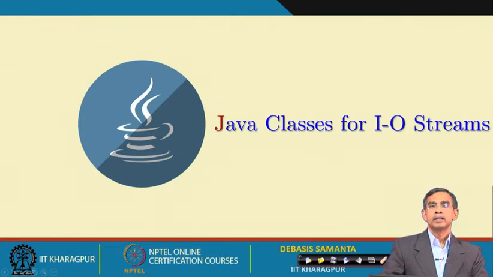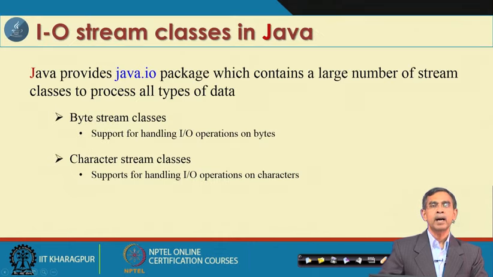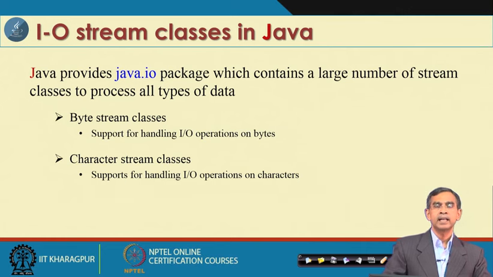The Java IO package is meant for managing input output streams, and it is an exhaustive package. Now we will discuss the basic structure of the Java IO package, java.io.